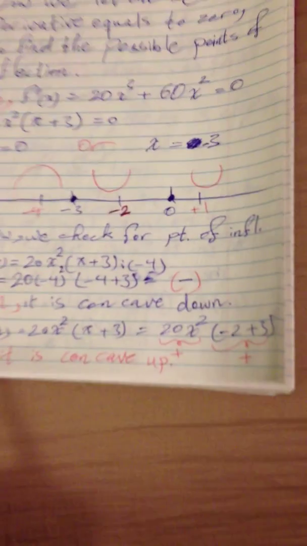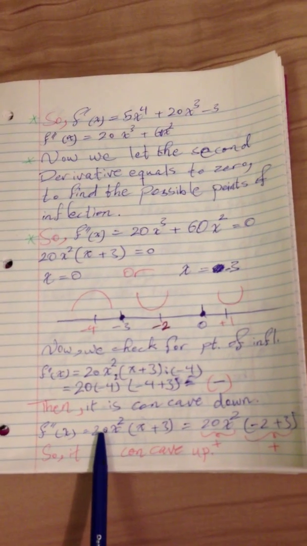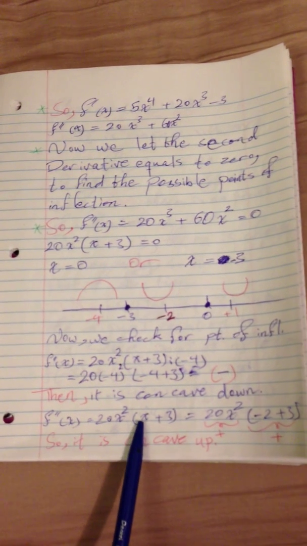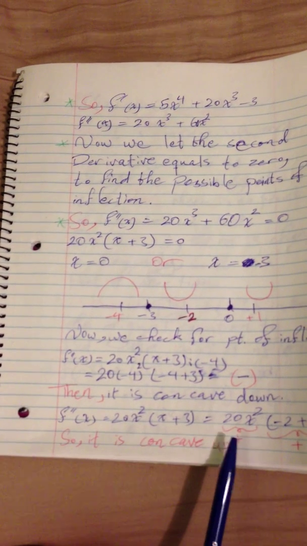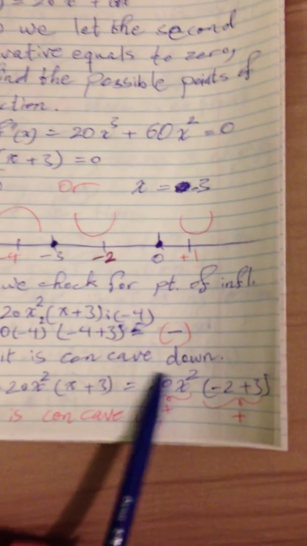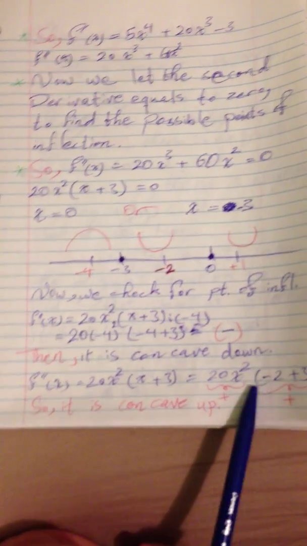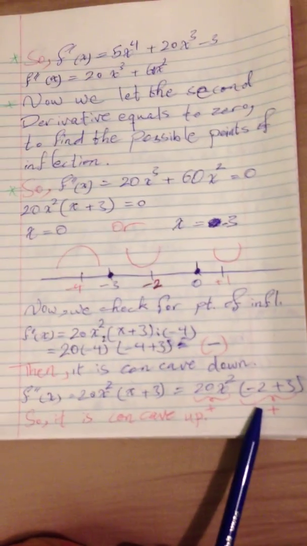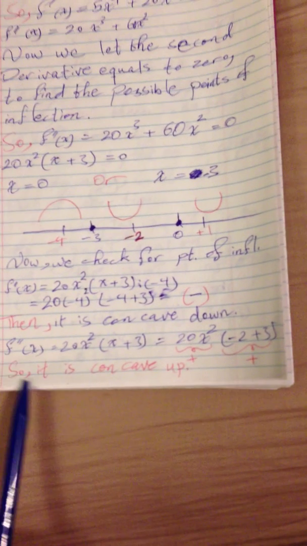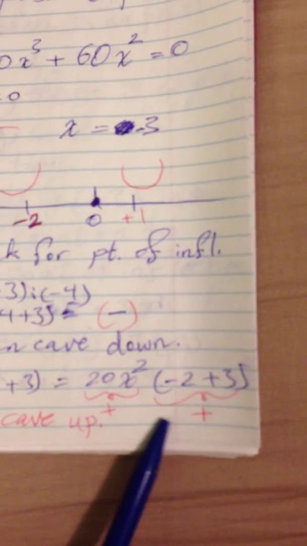Our second derivative is 20x squared multiplied by x plus 3. 20x squared is positive, and with x equal to negative 2, x plus 3 equals 1, which is positive also. So it is concave up because the second derivative is positive.